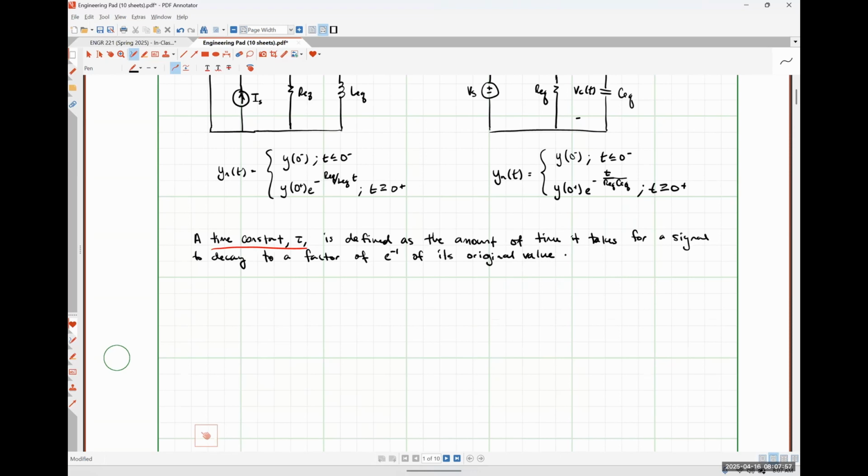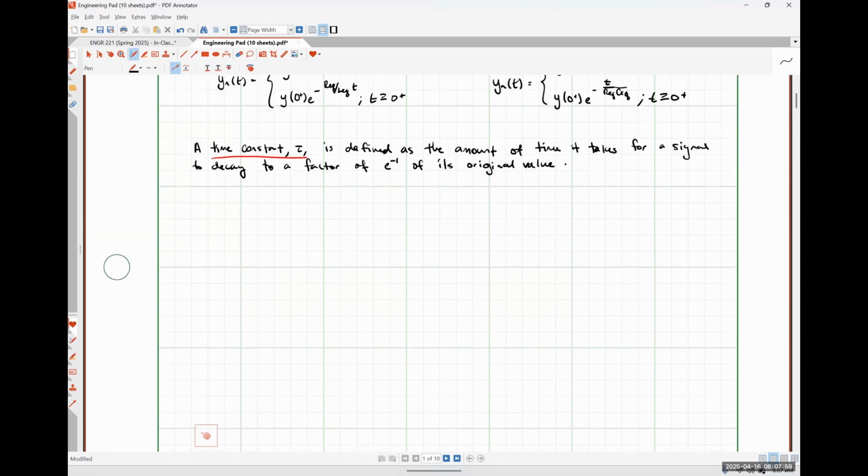So essentially what we can do is we can make a table with this definition, okay? So let's say that on the left-hand column for this table, I'm going to put the amount of time that has elapsed.